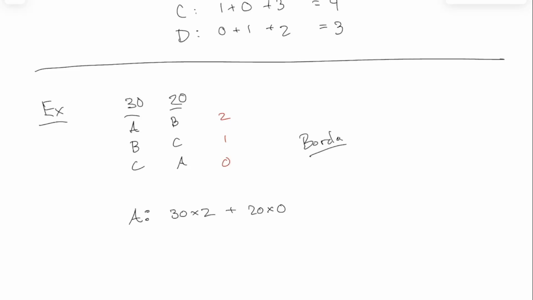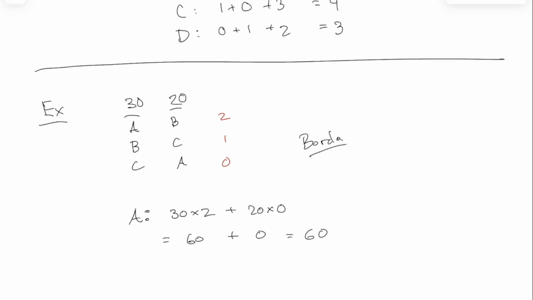This whole thing is a mixture of multiplications and additions, but you should do the multiplications individually first and then add them all together. This will not always work if you're using a very simple calculator; you can't just type this in order, you'll get the wrong answer. So beware of that. But if I do the multiplications first, that's 60 plus 0, and the total is 60. All right?